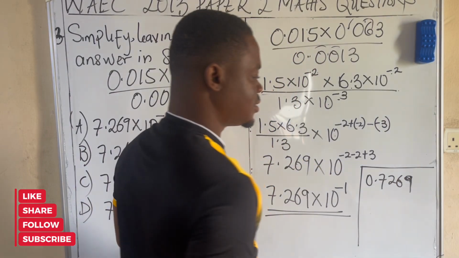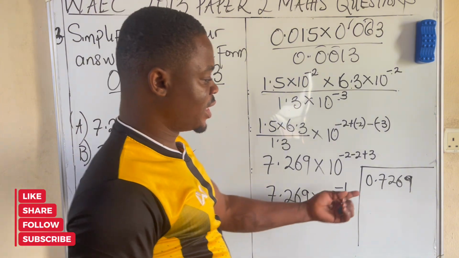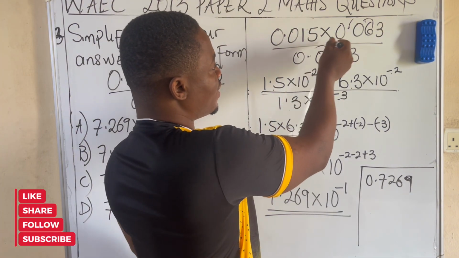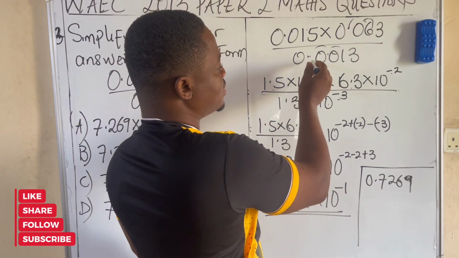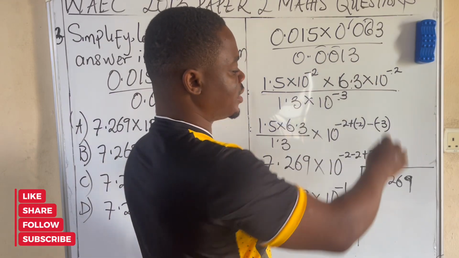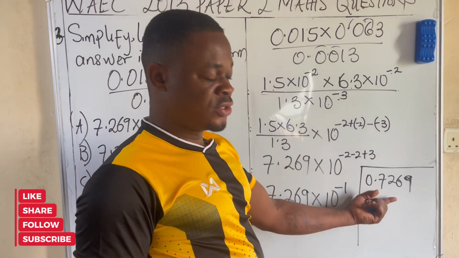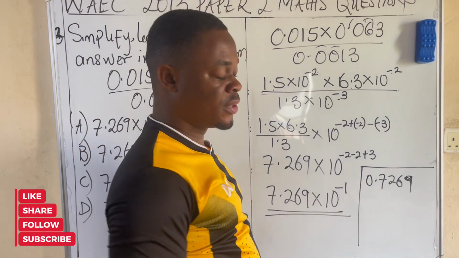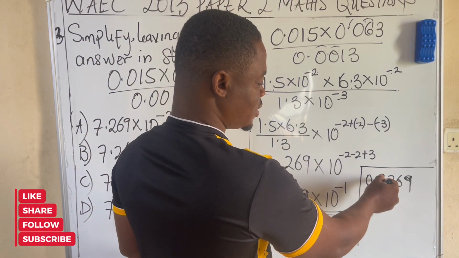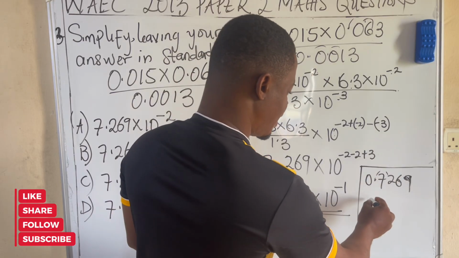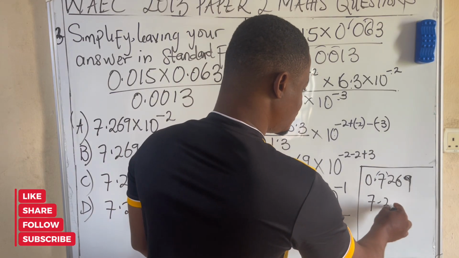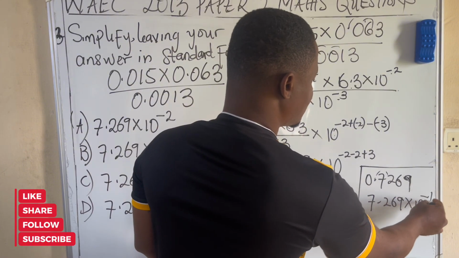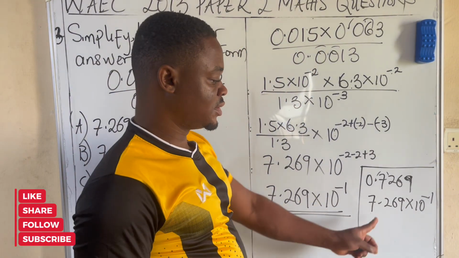So when you get this value, that is by multiplying 0.015 times this divided by 0.0013, you now convert to standard form. By converting to standard form, all you need to do is move this once, and you have 7.269 times 10 raised to power negative 1, because you moved once, it is negative 1.